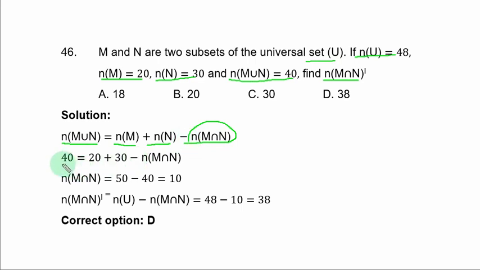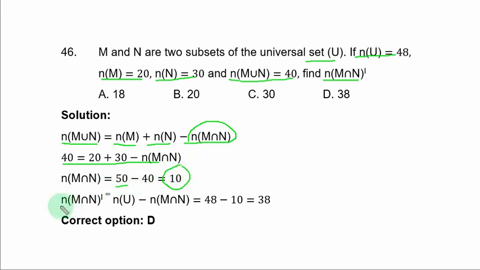So you have 40 equal to 20 plus 30 minus the intersection. So the intersection, if you take it to the left, it becomes positive. 20 plus 30 is 50. If you transfer 40, it becomes minus 40. If you subtract, you have 10.